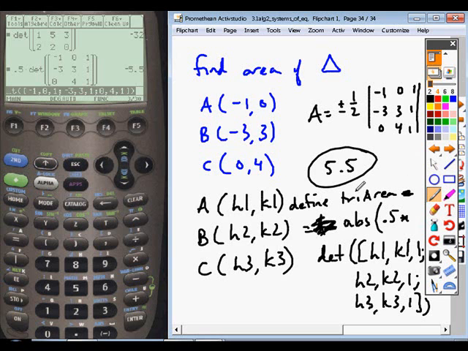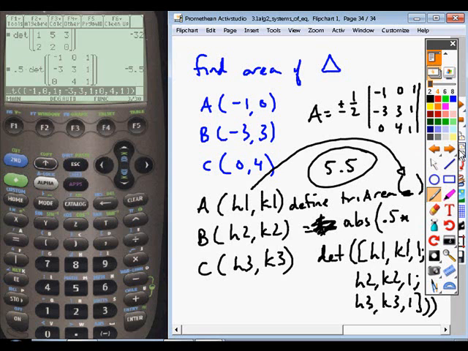So if you put try area parentheses, and then you just put all of those inputs, H1, K1, H2, K2, H3, K3 equals this calculation. You would have to close off your absolute values at the end. That right there would allow you to calculate the area just by entering the points. Again, I'm not going to go through it, but that's basically the process that you would use.